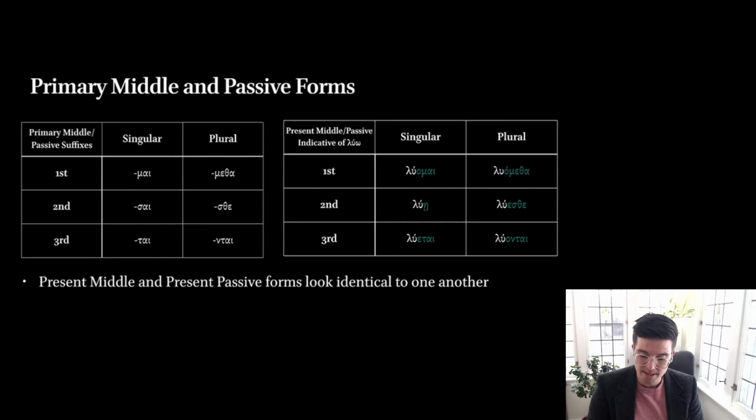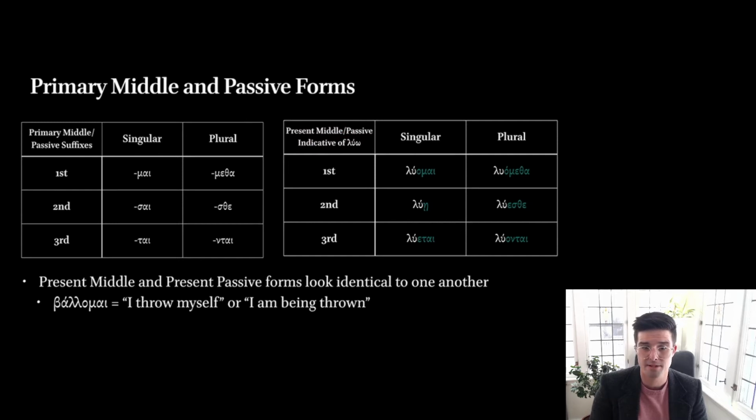So notice that this paradigm covers both the present middle and the present passive. When we use a slash here, these aren't combined voices. These are different voices, the present middle or the present passive. And these are going to be translated differently from one another, whether it's a present middle or a present passive, even though they are of the same form.